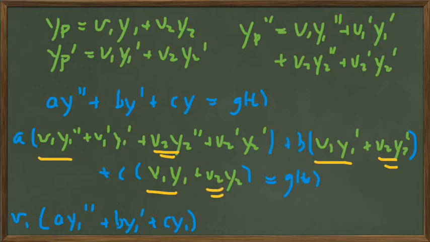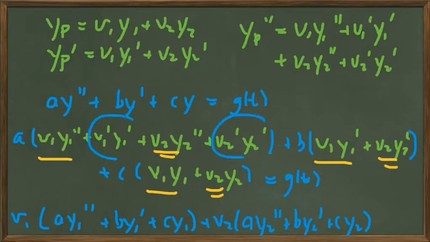So if we factor the v2 out, what's left is v2 times a y2 double prime plus b y2 prime plus c y2, and then the only things that are left are this and this. And so I'm getting a little crowded here. Let me see if I can get this in.